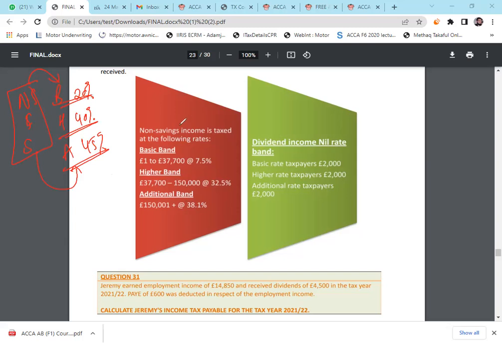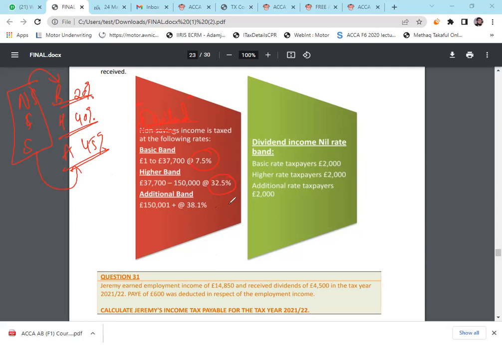But now if we are talking about dividend, the tax rates are different. In the basic band, the tax rate for dividend income is not 20%, it is 7.5%. The tax rate in the higher band for dividend income is not 40%, it is 32.5%.